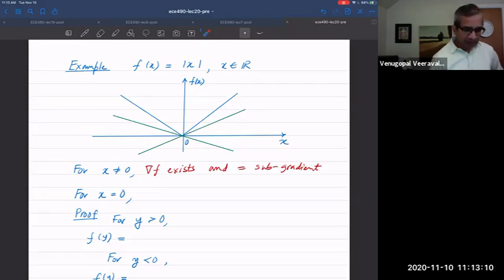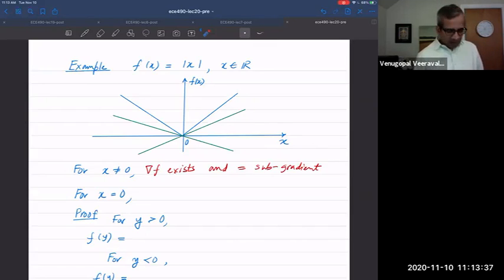They're tangential here, and they both underestimate the function. In fact, any line parallel to this 45-degree line with slope 1, all the way up to here, all of those lines lower bound this convex function.